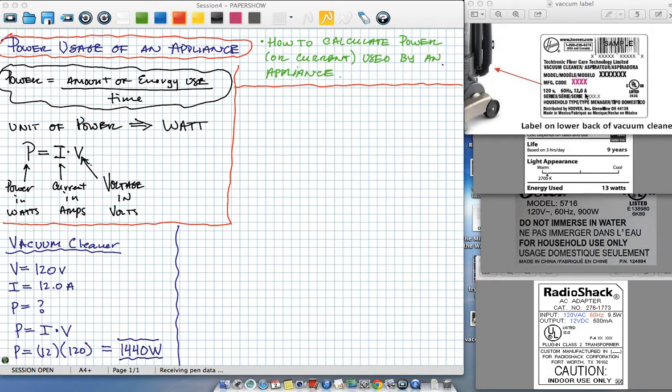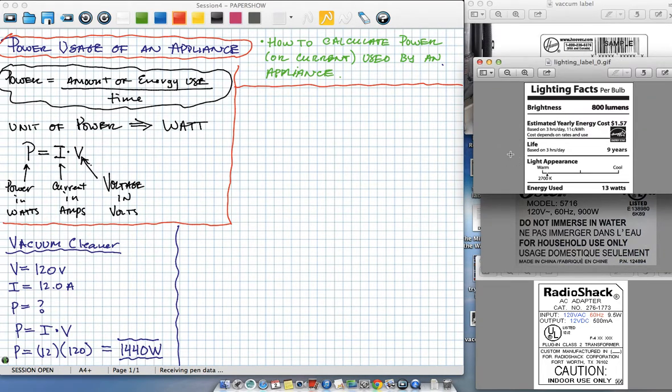Okay, so now let's take the next label right here, have a look at it. This is a label for a light bulb, and it actually tells us the energy used. It says it's 13 watts. It's actually energy per unit time. It also tells us something about the brightness of the light bulb. Here we already have the wattage, so we can figure out what the current is going through that particular light bulb.